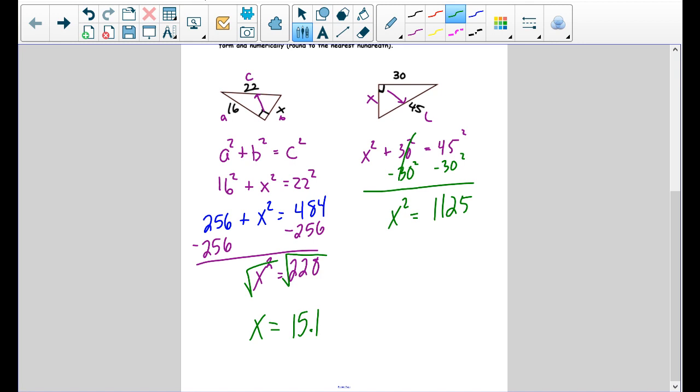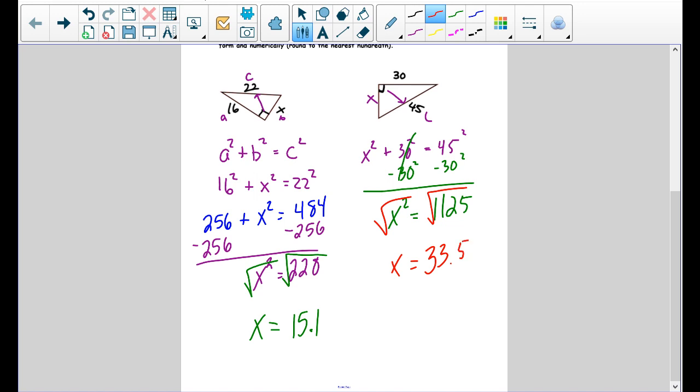This process holds the same if I have a b and a c, or an a and a c. If you have numbers on both sides and you want to start subtracting them over, that's fine. The last step is still the same: square root. So this square and square root cancel. 33.5.